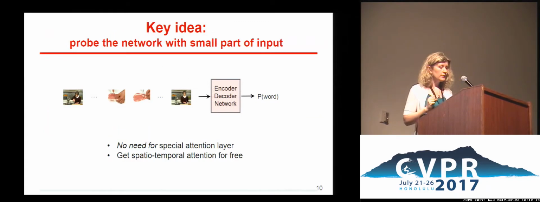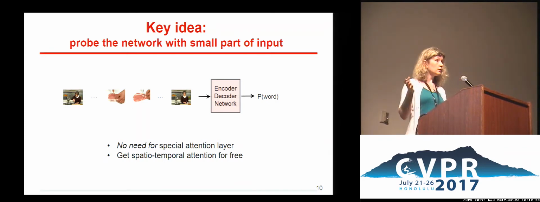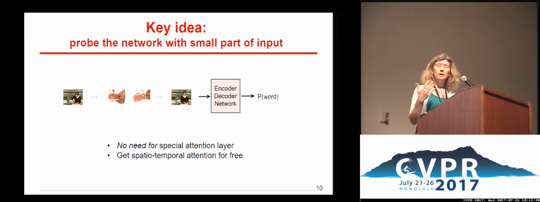So the key idea was to essentially probe the network with small parts of the input. Our network in this case is an encoder-decoder network, which is fairly standard at this point for captioning and video captioning.